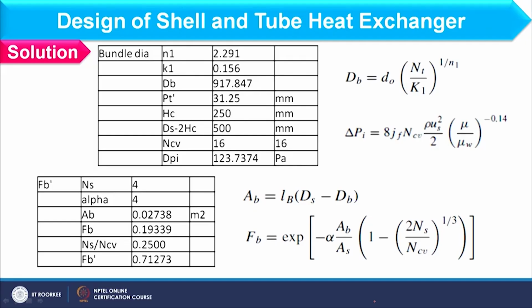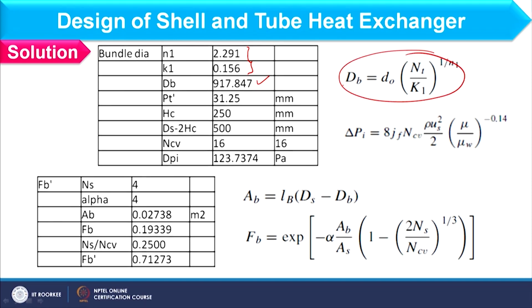So, if you see, we have already obtained the US value. Now, we have to find out NCV, because only then can I calculate delta Pi. So, to find out NCV, we have to find out the bundle diameter. The OD of the tube is given and the number of tubes is also given, which is equal to 600. So, you can consider 1 pass, and for that you can obtain K1 and N1 values corresponding to square pitch, and the bundle diameter corresponding to 600 tubes you can find using this expression. Okay.